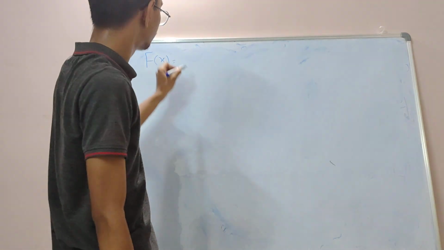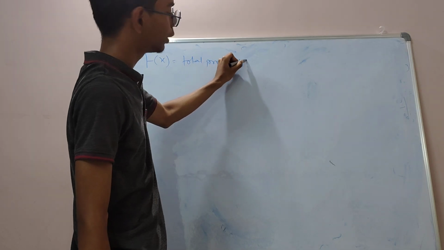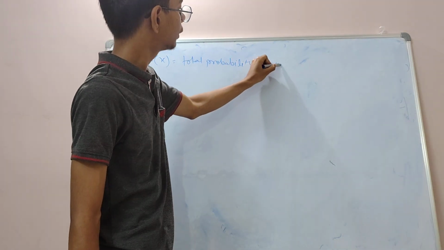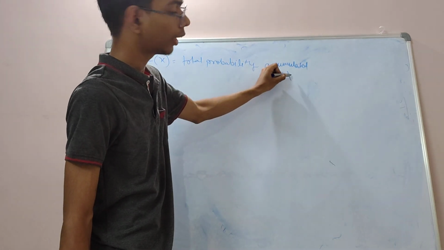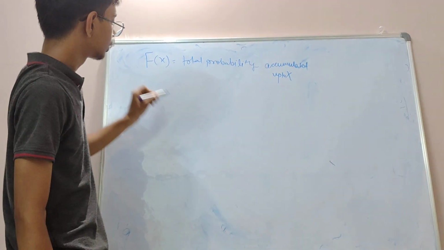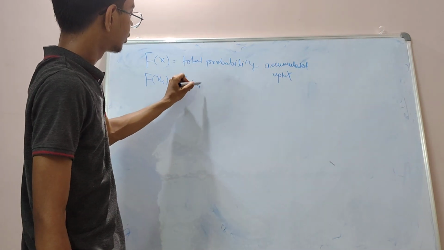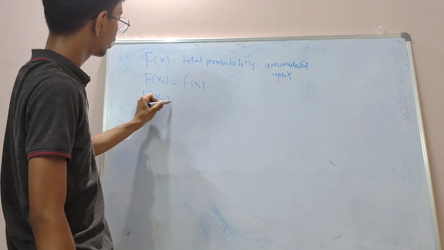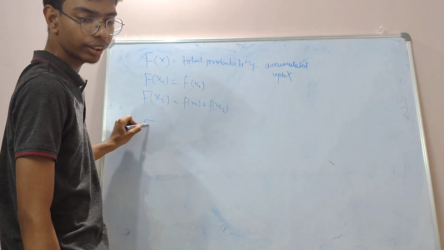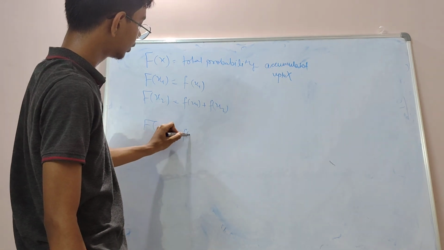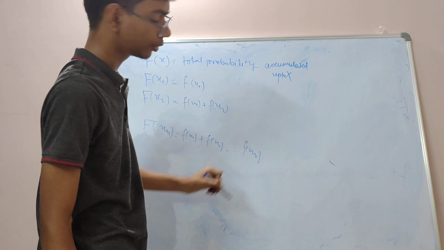It will give me the total probability accumulated up to x. Suppose for F(x1) I will have f(x1), but for F(x2) I will have f(x1) plus f(x2), and for F(xn) I will have f(x1) plus f(x2) up to f(xn), right?